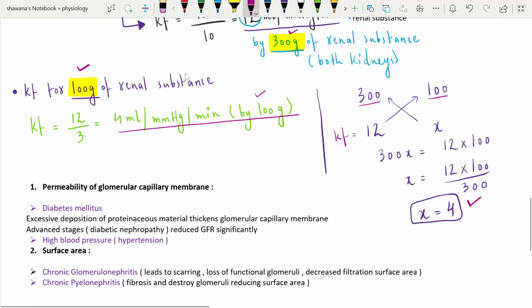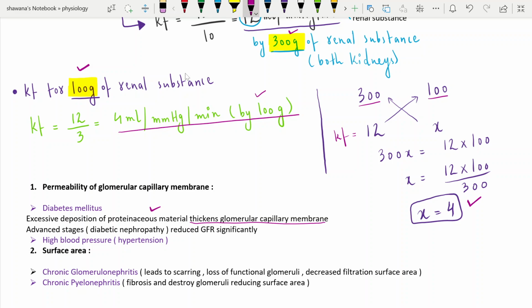Okay. After that, there are some diseases or conditions that can affect the conductivity of the glomerular capillaries and also the surface area. So let's talk about the permeability. In diseases like diabetes mellitus, proteinaceous material is deposited and it causes thickening of the glomerular capillary membranes.